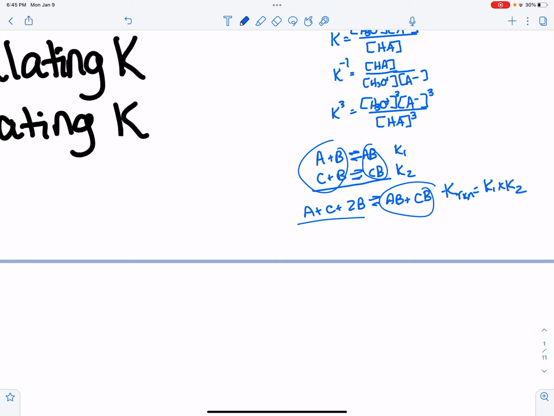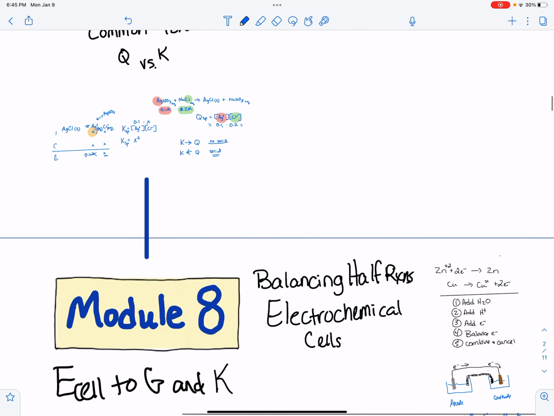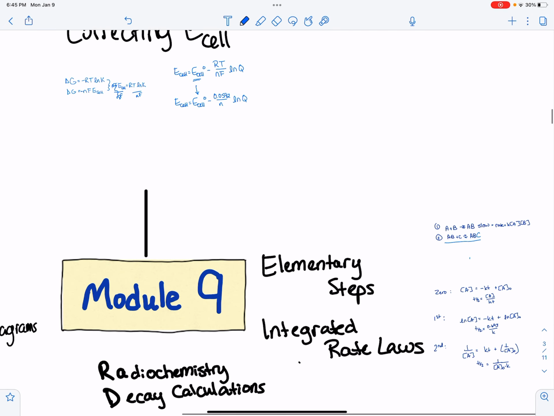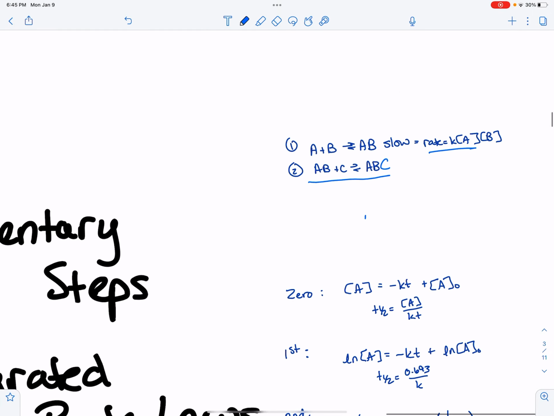And if you had things on both sides, then you would cancel it out. So we're cycling back to that same method. But also, if you know what the slow step is, there's a way to get the rate law from knowing the slow step without having to use a table and do these extra table calculations. It's a quick thing. It has to do with how many reactants are right there.